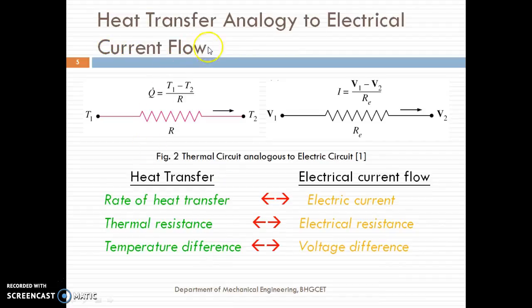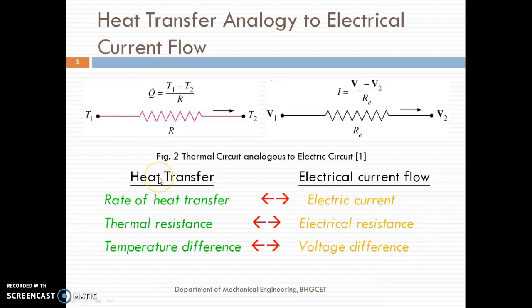Let us look at the heat transfer analogy to electric current flow. As we know, the voltage difference V1 minus V2 is responsible for the flow of current. In a similar way, if we draw the thermal circuit, the difference of temperature is responsible for the heat transfer.